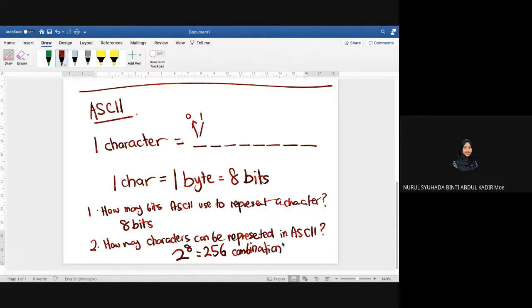Dan kalau satu combination adalah untuk satu karakter, so kalau kita dapat 256 combination, kita dapat berapa karakter? 256 karakter. Yes, 256 karakter. Maksudnya ASCII ni sebanyak-banyak simbol yang dia boleh representkan adalah sebanyak 256 simbol sahaja. Tak boleh lebih.